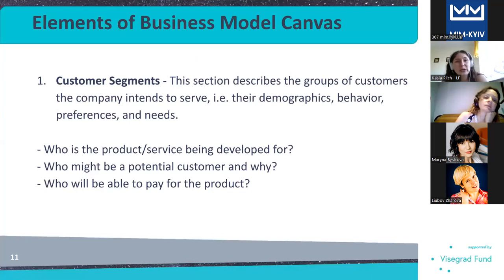The questions you want to ask yourself while working on this cell are: who is the product being developed for, who might be a potential customer and why, and who will be able to pay for my product? Basically, who is my potential customer? Do I already have some customers? Who are they? Or who are the customers I want to address and want to buy my product? So it's just describing your customers.